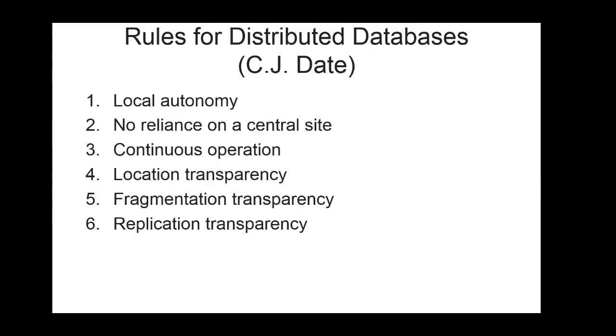And distributed query processing means that the distributed database management system must process queries as rapidly as possible. Distributed transaction management means that the distributed database management system must effectively manage transactions that update multiple sites.